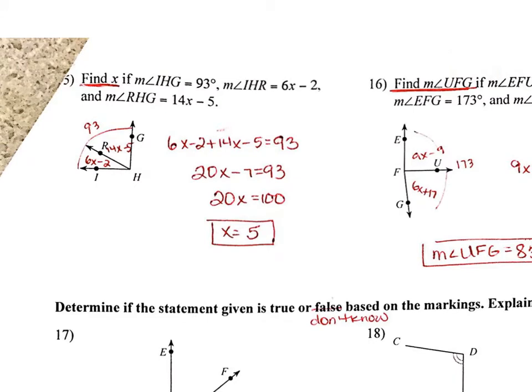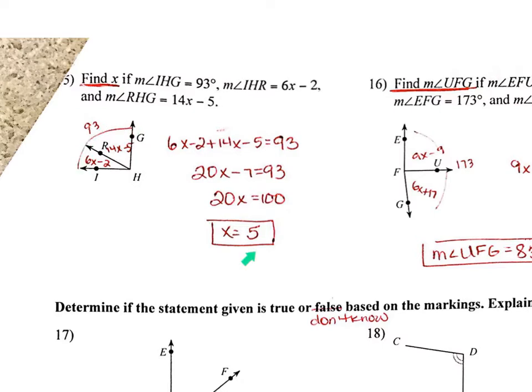All right, 15 and 16, we're nearing the end here. So on 15, again, I told you I like to put the information on the picture, so that's what I've done. Because easily now I can see the small piece, 6x minus 2, plus another small piece, 14x minus 5, equals the entire angle measure, which is 93.